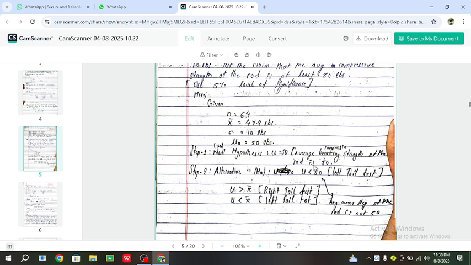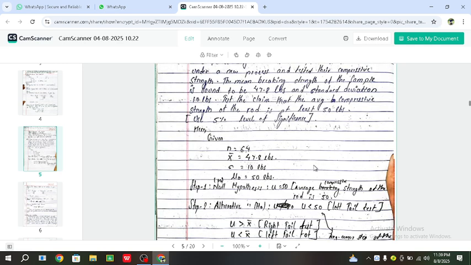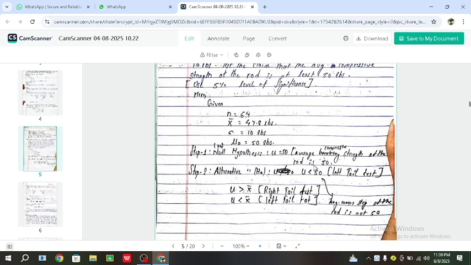This is just language, and we have to write this language. If you don't write the language, then it is very hard to get full marks. And the alternative hypothesis says just the reverse.